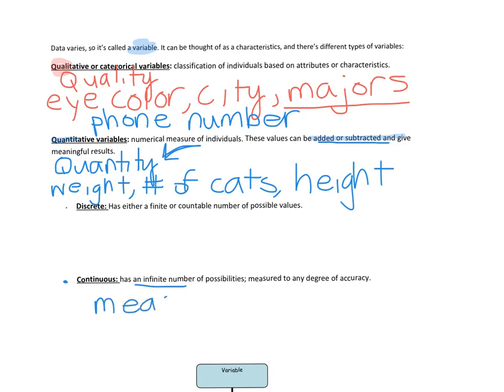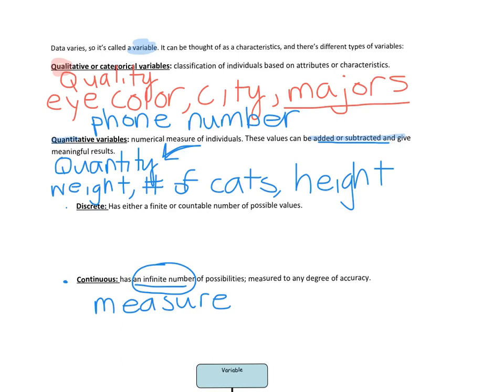So for instance, when we're talking about weight, weight is some kind of measurement. We can say something's 5 pounds, but that could be an infinite number of possibilities. For instance, we could say something's 5 pounds when it's really 5.001 pounds. Or we would say 5 pounds if it's really 5.009 pounds.